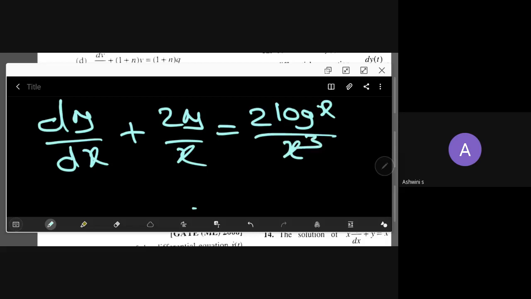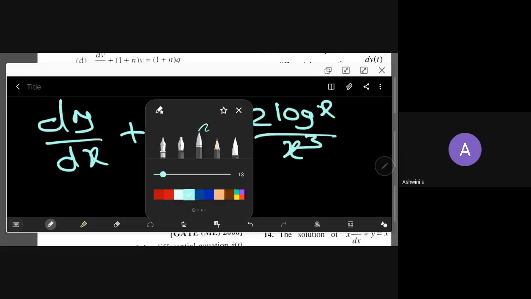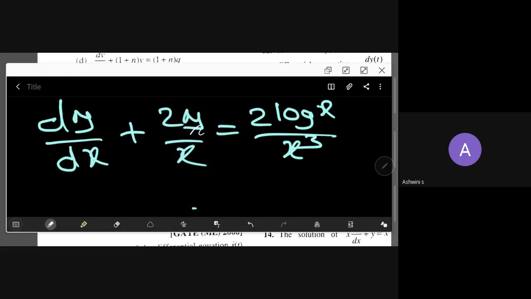This is the equation. If you look at that, this is a linear equation. So this 2 by x is p, and this whole object is q.